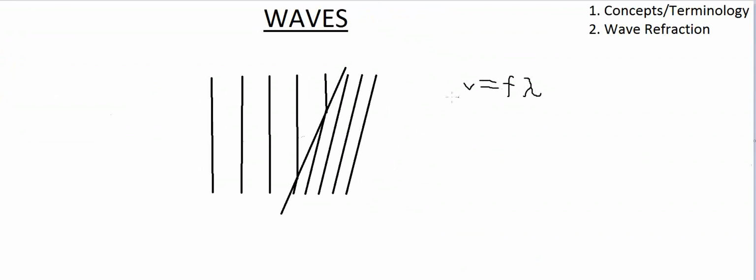So what this means is that v always remains directly proportional to lambda. If lambda is multiplied by 2, v is multiplied by 2. If lambda is divided by 2, v is also divided by 2.